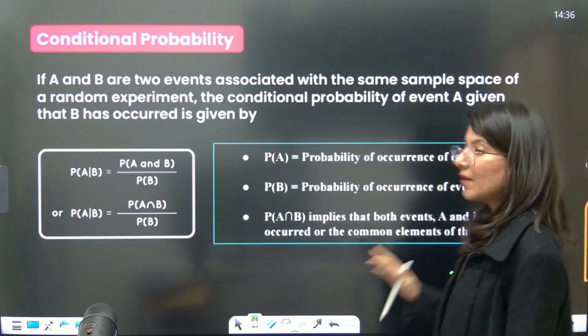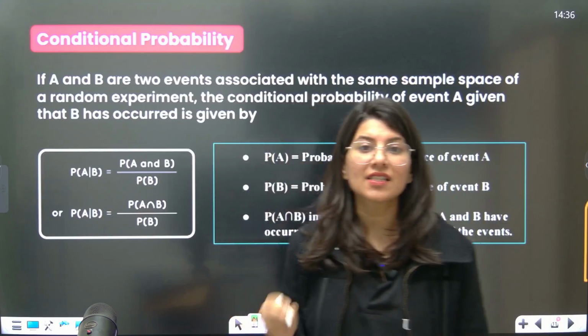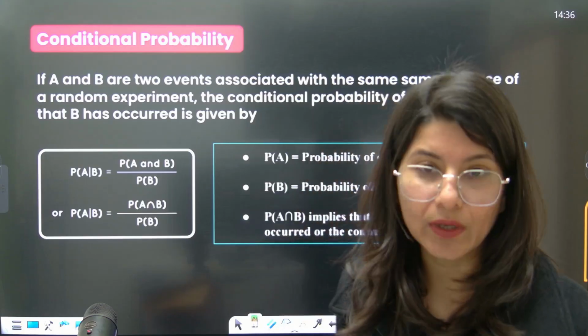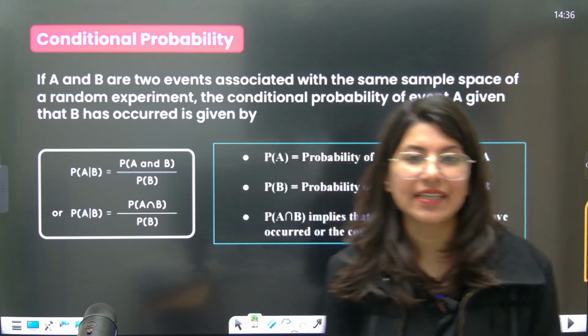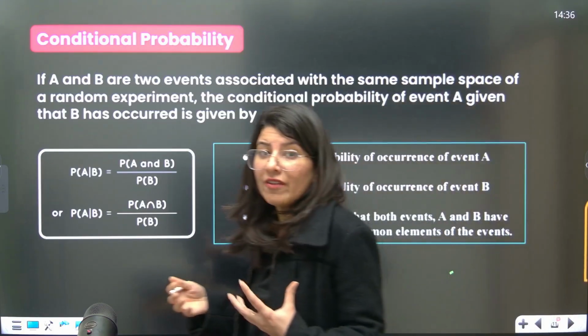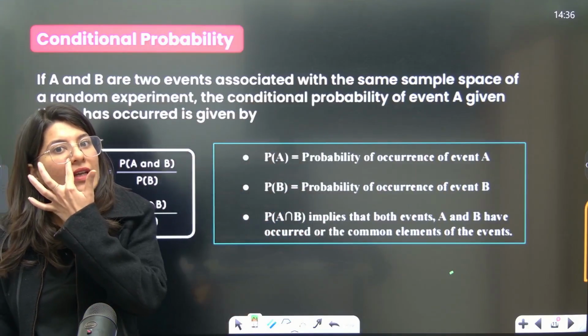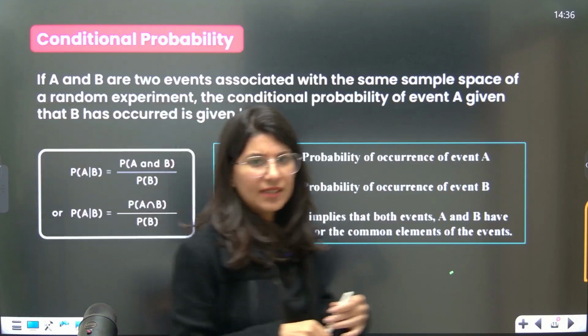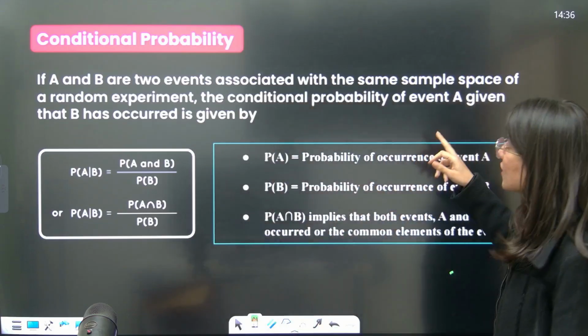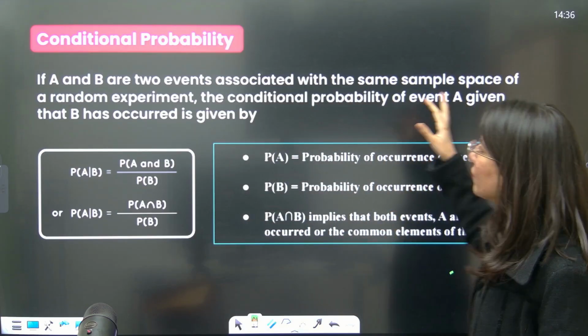Now this is something which is very, very important, that is conditional probability. Conditional probability says the probability of one event given that the other event has already occurred. A and B are two events associated with the same sample space of a random experiment.